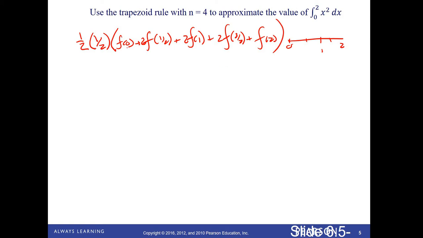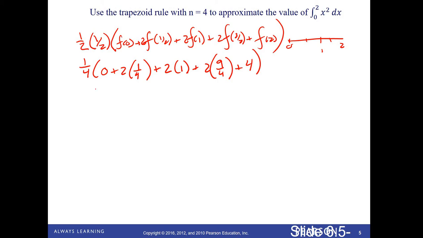Since my function is to square this value, I now have 1/4 times 0 squared is 0. 2 times 1/2 squared is 1/4. 1 squared is 1. 3/2 squared is 9/4. And just square the 2.